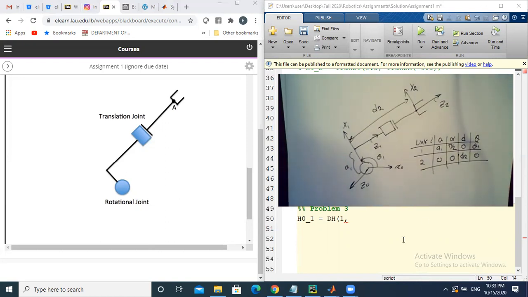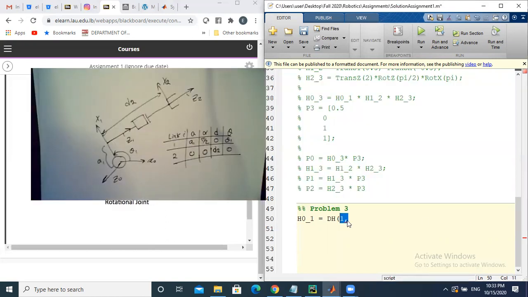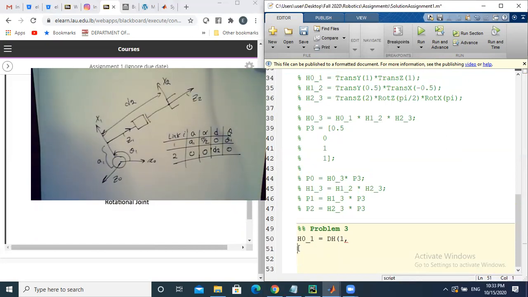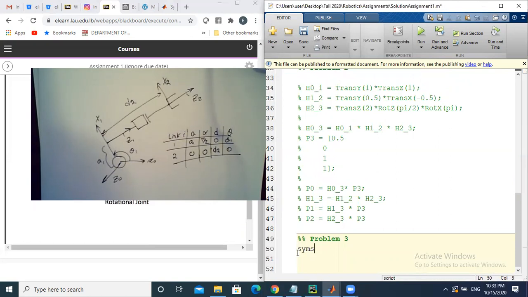Okay, if I come to MATLAB, I will just write that. Oops, I need syms a1, theta1, and d2. I was assuming a1 to be a variable, but let's assume it's not.